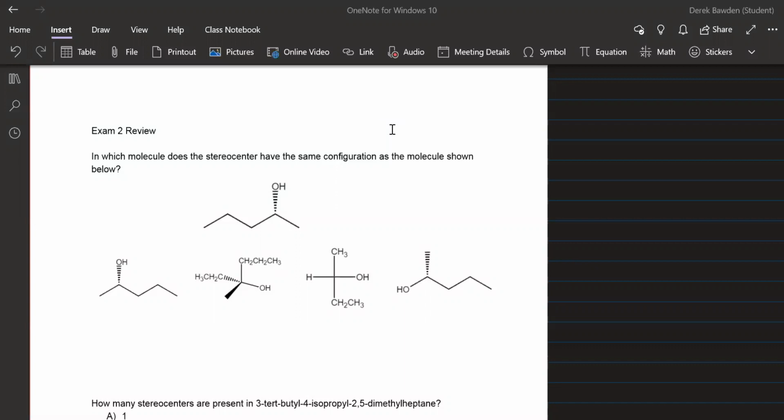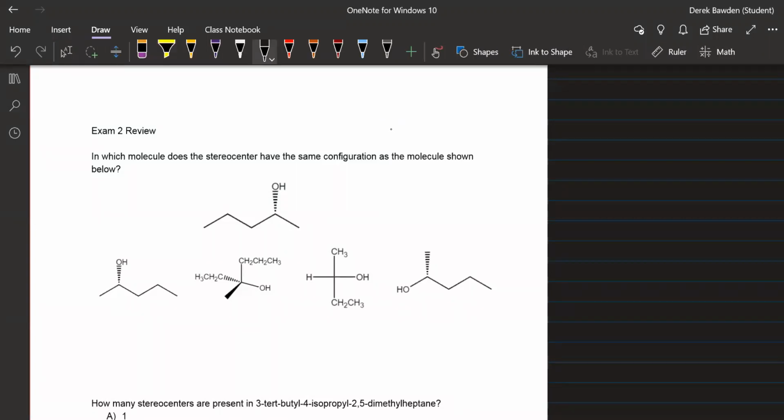Okay. So in which molecule does the stereocenter have the same configuration as the molecule shown below? So what we're going to want to do is find the configuration of this molecule and then determine which of the others have the same configuration. Okay, so we want to prioritize these groups first of all. And we know that we have a hidden hydrogen right here. So our oxygen is going to be number 1.